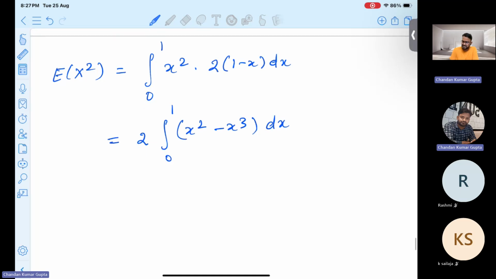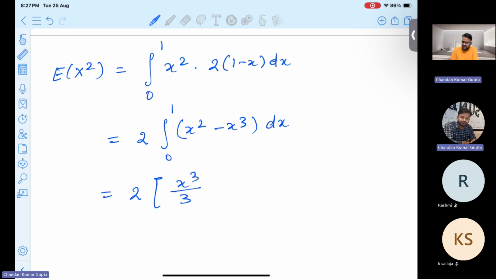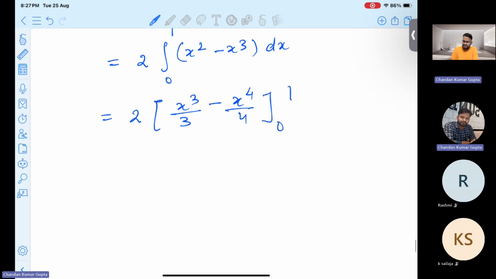The integral of x square is x cube by 3, minus x to the power 4 by 4, from 0 to 1.